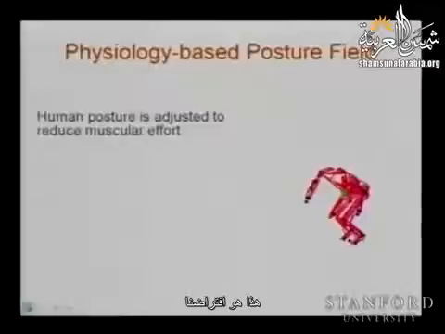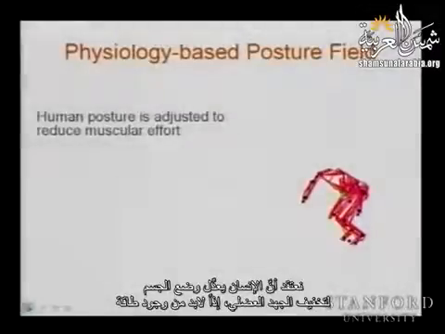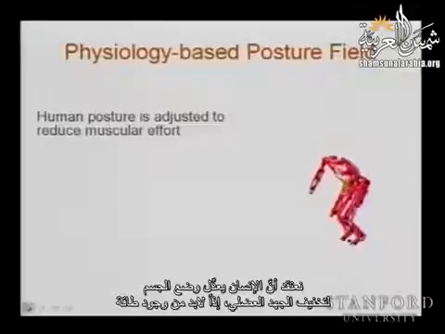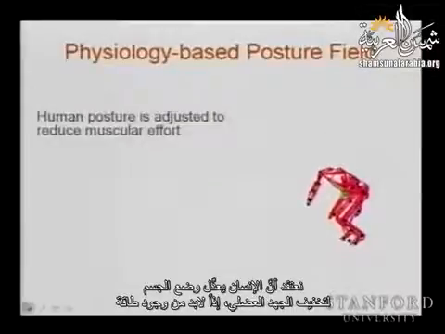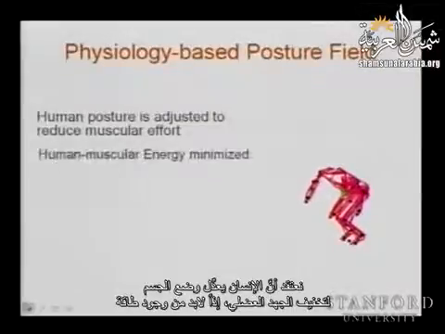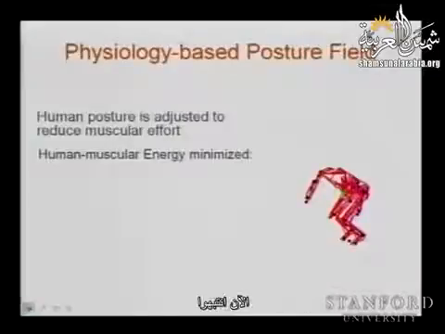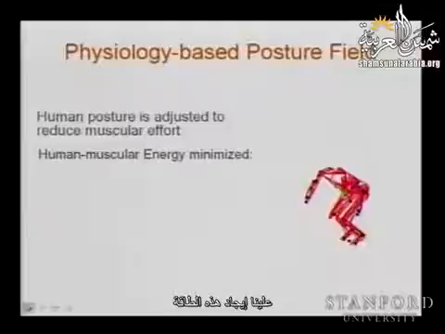So here is our hypothesis. We think humans are adjusting their posture to minimize muscular effort. So there must be an energy. Okay, now pay attention. We want to find this energy.